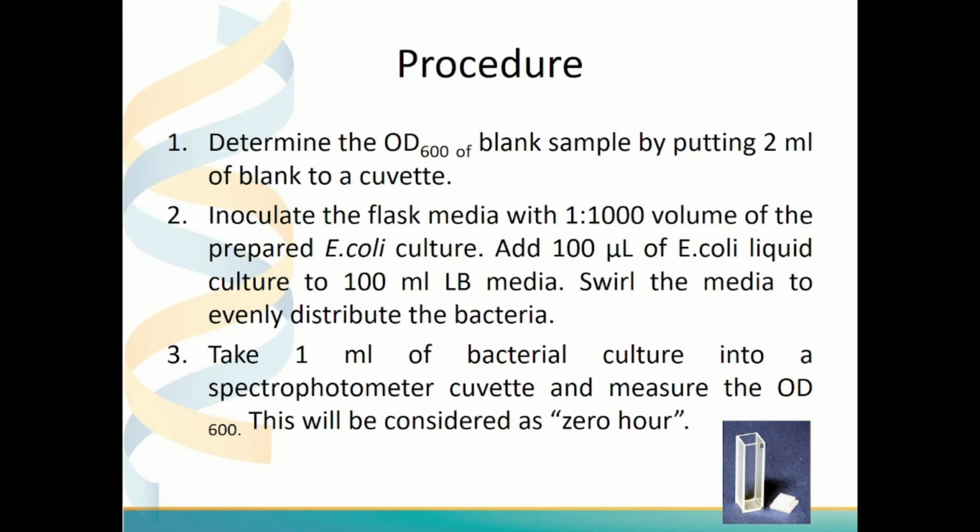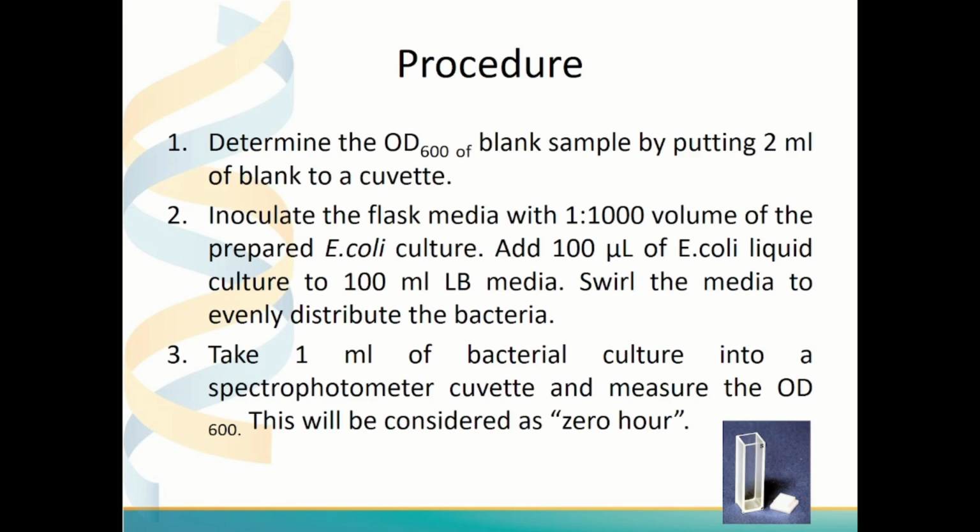Now the second one: we would like to inoculate the flask media at a ratio of 1 to 1000 by volume of the prepared E. coli culture. Add 100 microliters, or 0.1 milliliter, of E. coli liquid culture to 100 milliliters of LB broth media. As in the first step, we already prepared the liquid media.